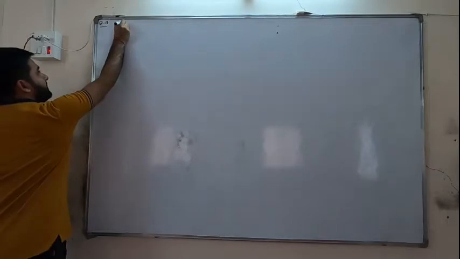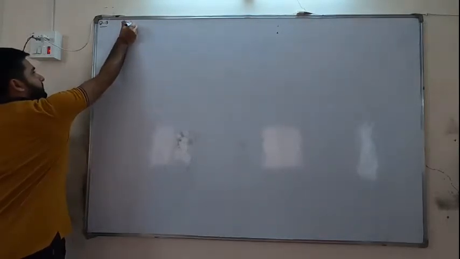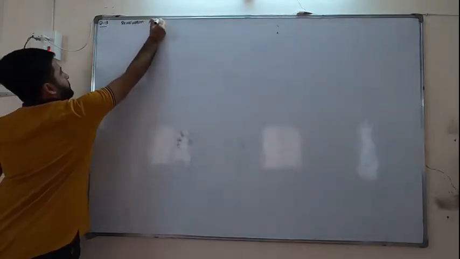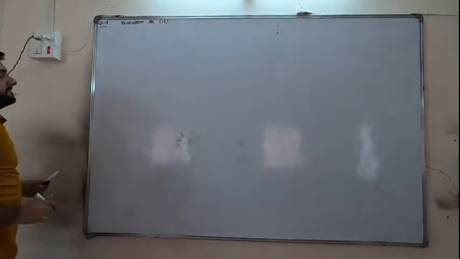So question number 13. Revaluation account, draw it for 12 lines.